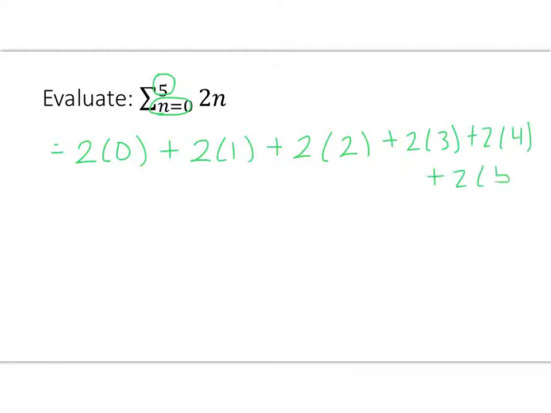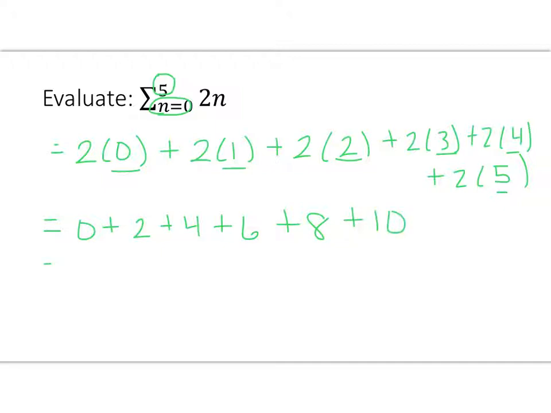And I go all the way up to 5. So I plugged in 0, 1, 2, 3, 4, and 5 for all of those. And then I'm just evaluating. So I have 0 plus 2 plus 4 plus 6 plus 8 plus 10. And then I'm just adding 2 plus 4 is 6, 6 plus 6 is 12, 12 plus 8 is 20, 20 plus 10 is 30.